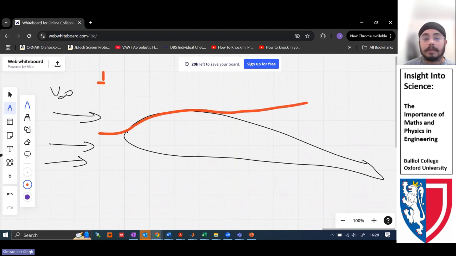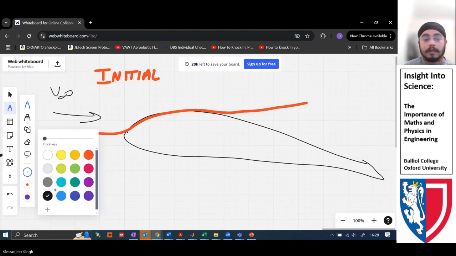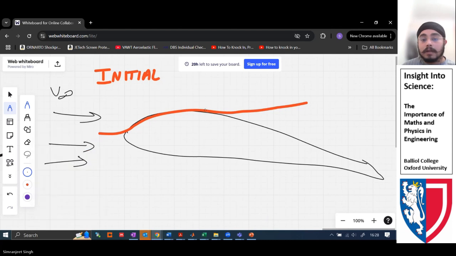So let me write this up, initial. And we want the flow to travel a little further up ahead. In that case, we will try to use some dynamic structures which are called, I'll write the name here instead, vortex generators.